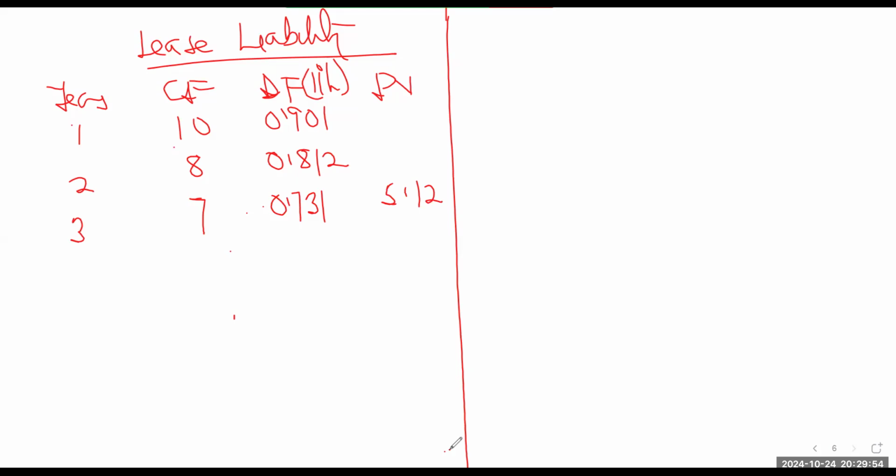Year two, 6.496, so to 2 decimal places that is 6.50. Year one, I'm having 9.01. The total will give us what?